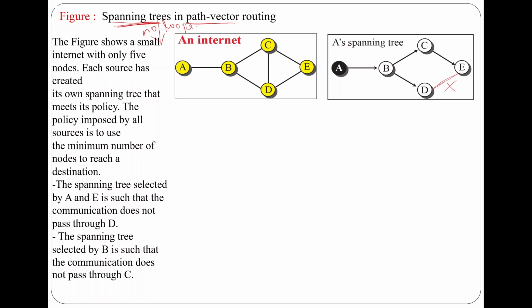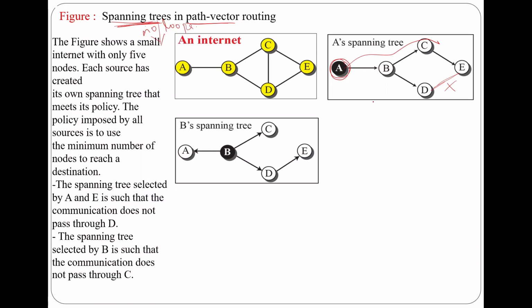Now you can see this is a spanning tree. If you consider A as the root, we can move from A to E. In the next figure, you can see the root with different spanning trees drawn, such that there are no loops. Very important, there are no loops.